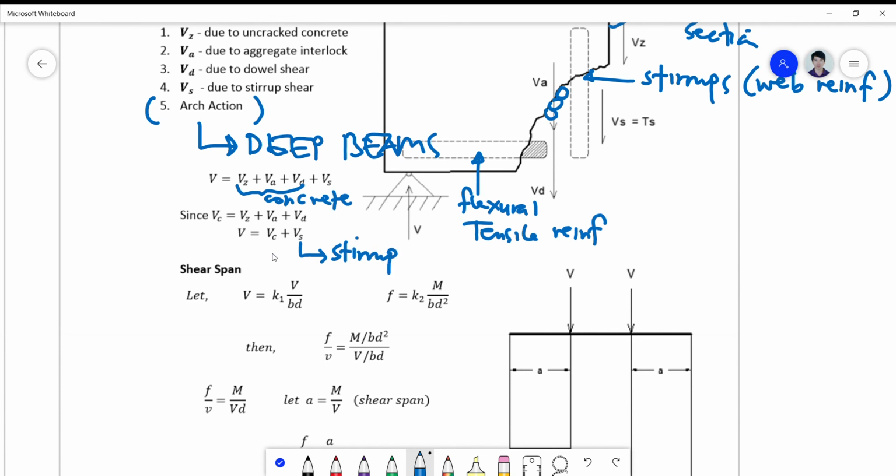So stirrup and concrete contribution. You remember that, no? Your total V is simply the contribution of your concrete and the contribution of your stirrup.